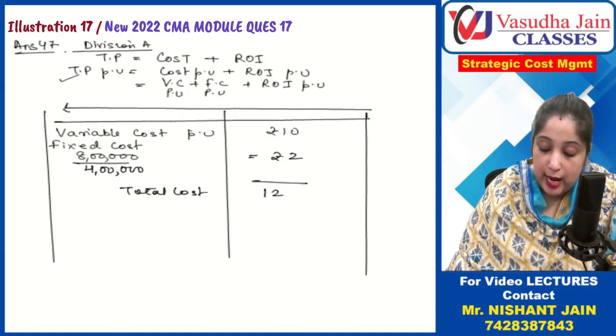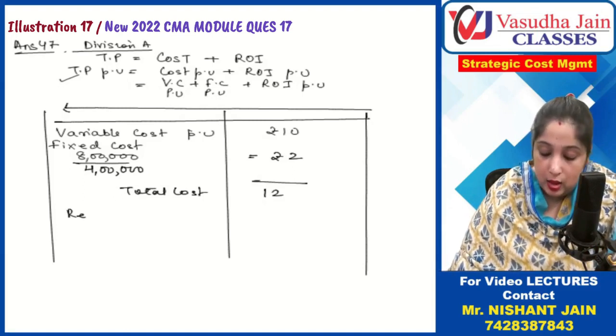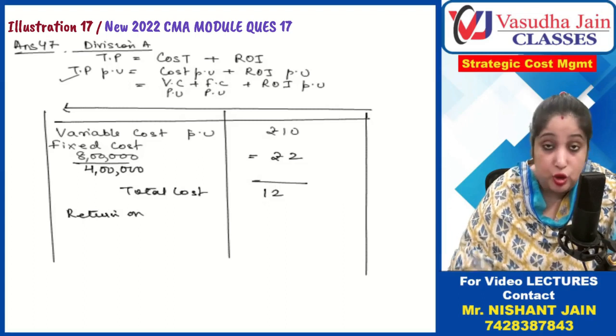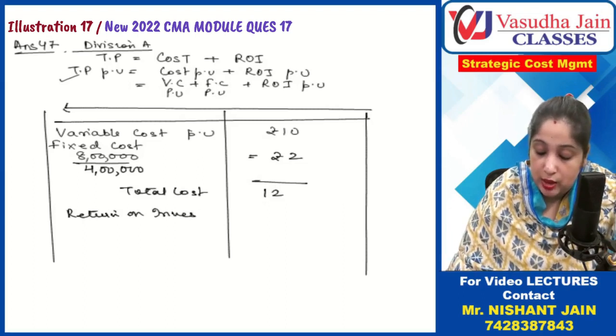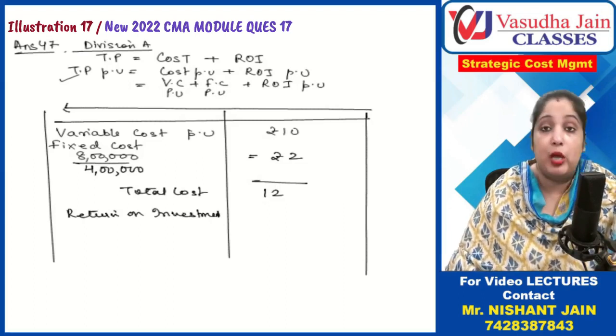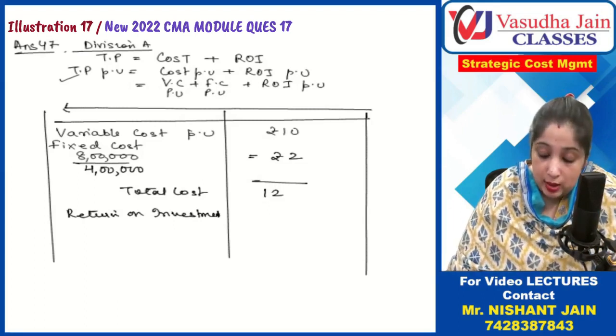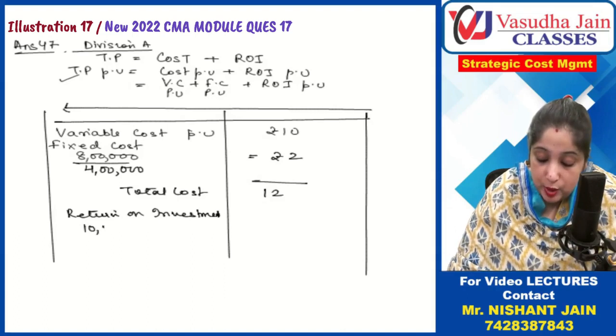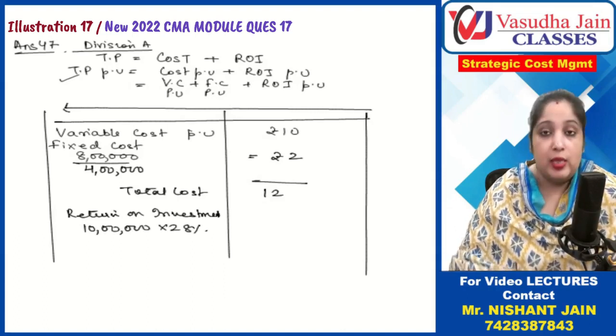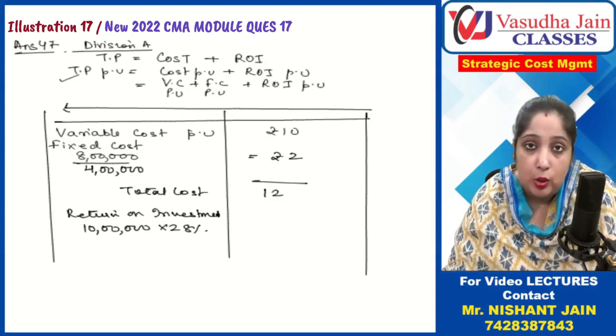Now you have to add the ROI, return on investment that you want to charge. How much in return on investment do you want to charge? You want to charge 28%. How much is your investment in the division? 10 lakh rupees of assets you have, on which you want 28%. So it is coming out to be 2,80,000 you want to earn.